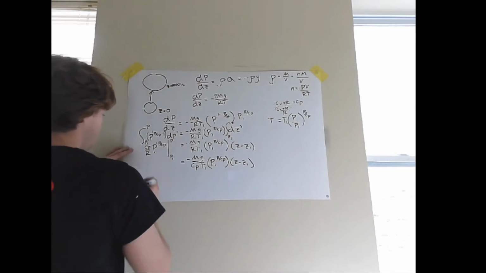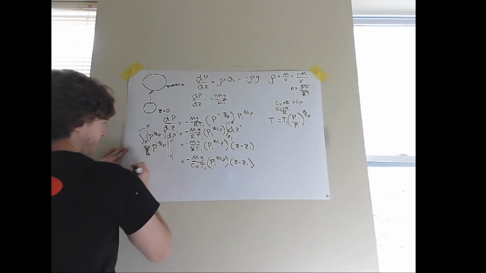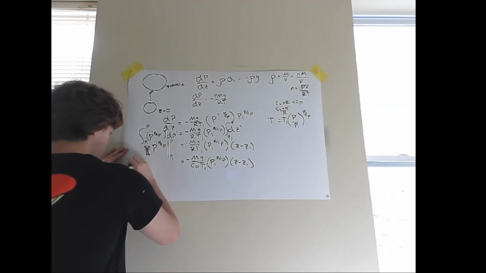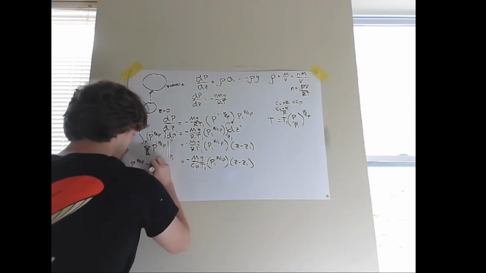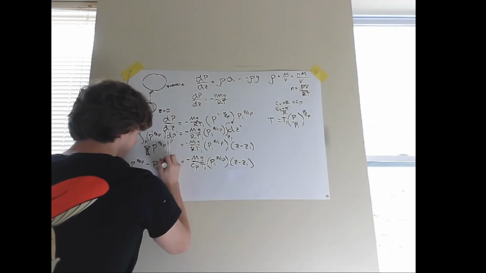And then for the left side, this is gone because we divided it over. So it is P to the R over Cp minus P1 to the R over Cp.